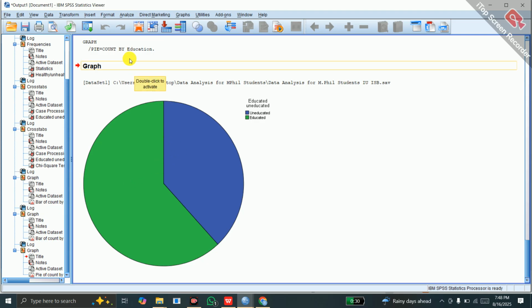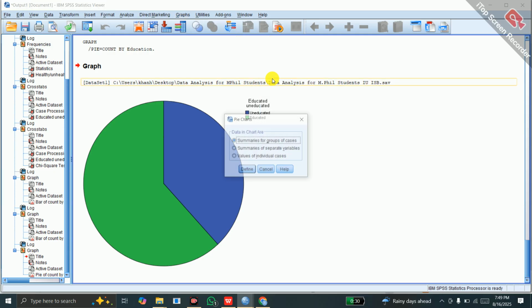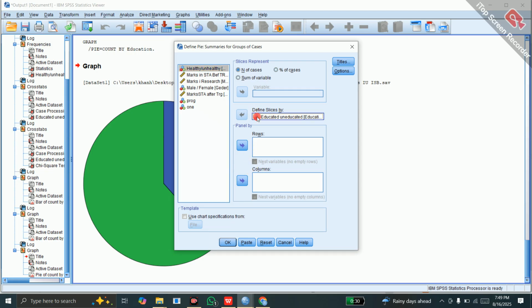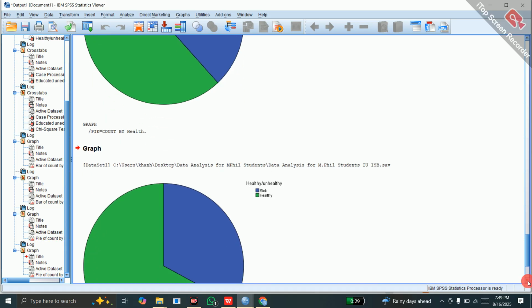Similarly, I can also make a pie chart of the health variable. So let me show you how to do that. I'll go back to pie, send this back to the data, and this time I'll use the health variable, and if I click OK, it will give me a pie chart of the health variable.